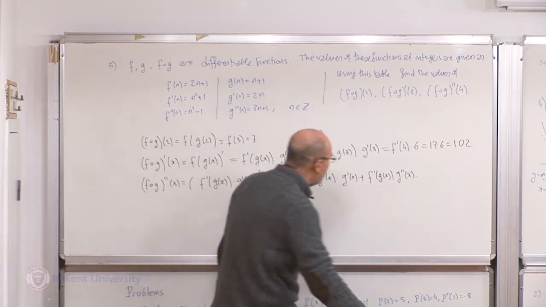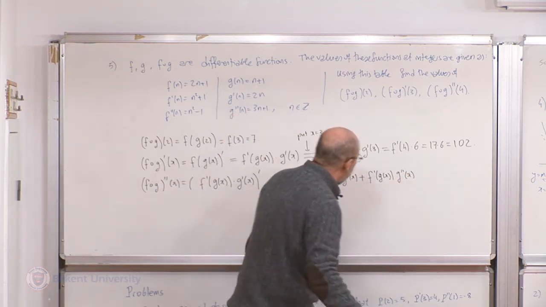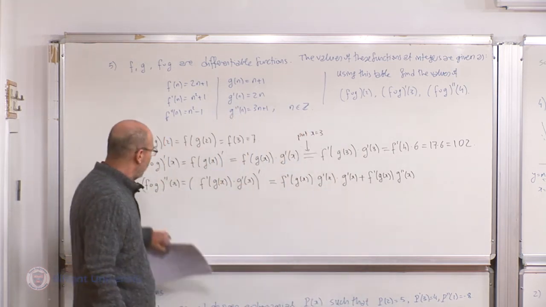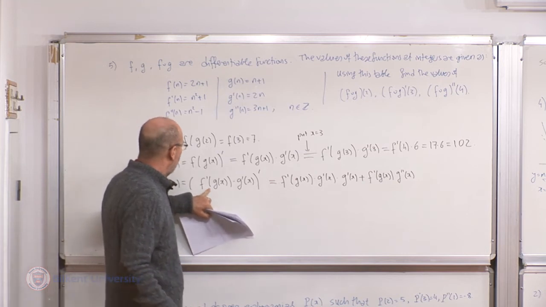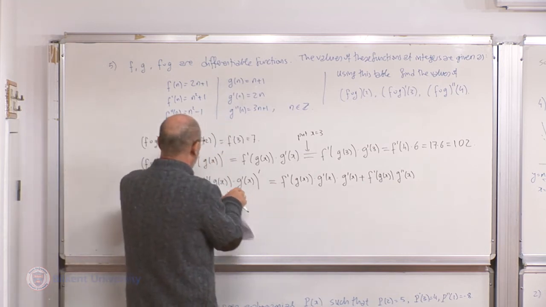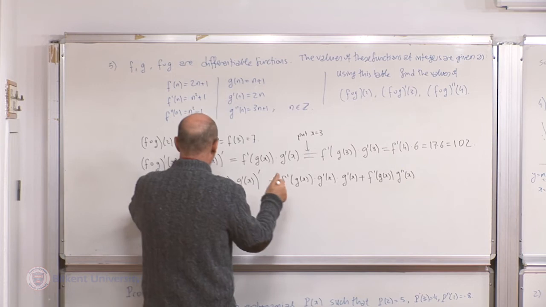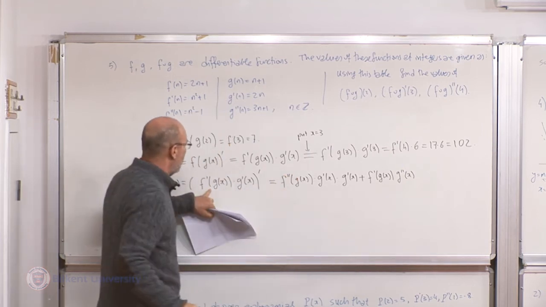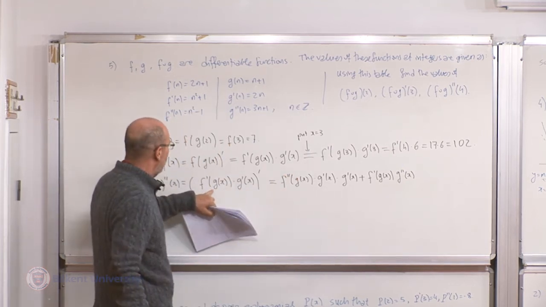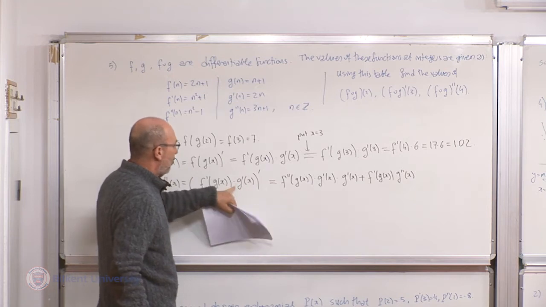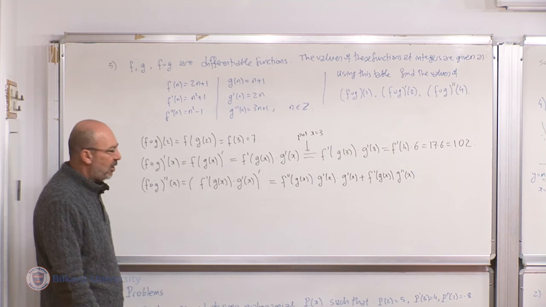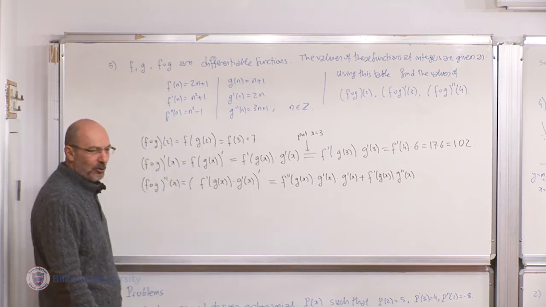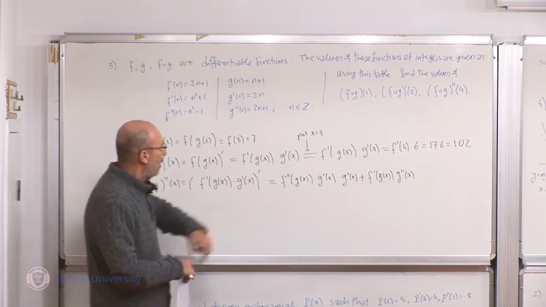Okay, so instead of the derivative of the first one, f prime g of x, it's not the same as the derivative of this, I put this one here. Okay, now we do the same thing.